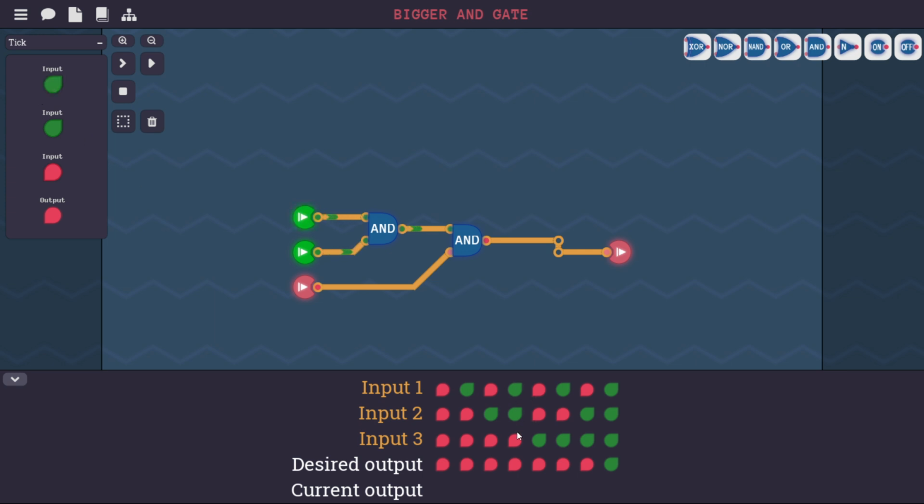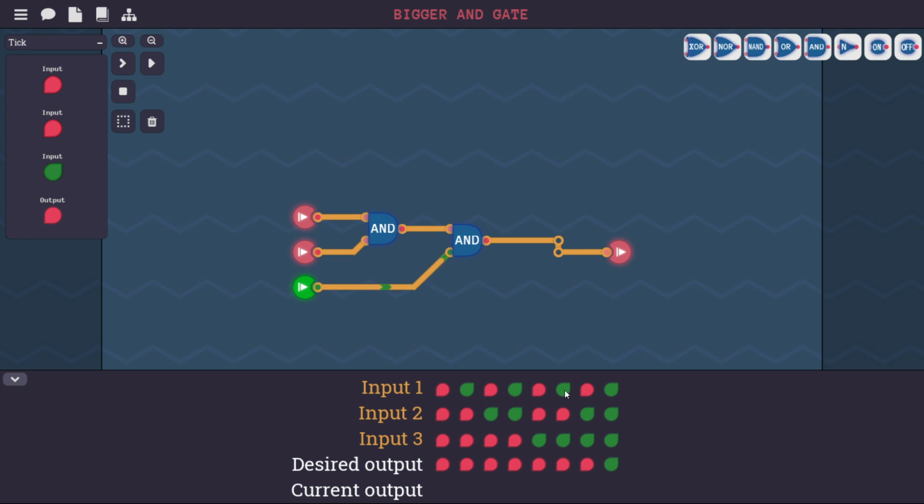And if the first two are off and the last one is on, we still get an off, so that's correct.